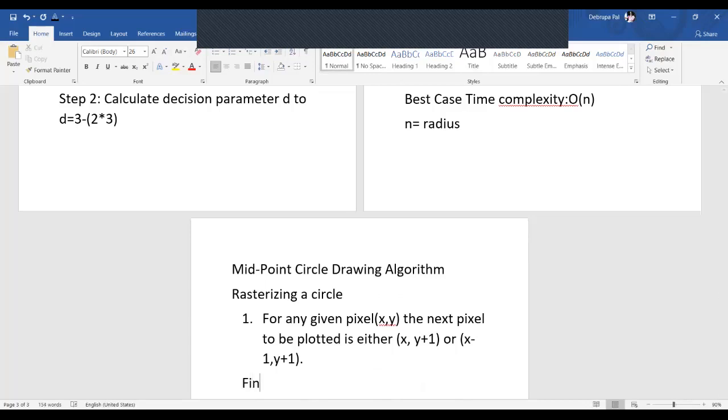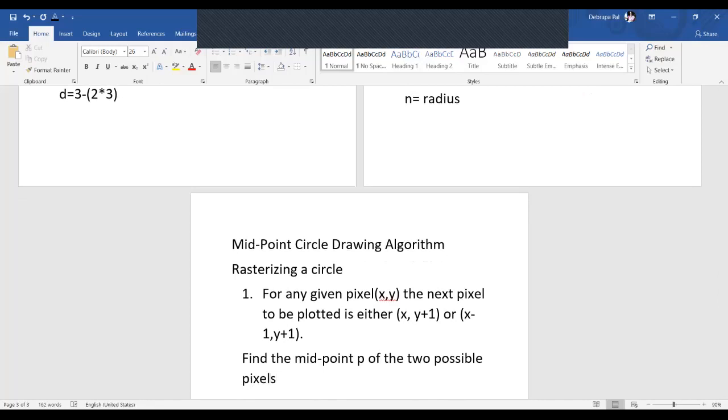Find the midpoint P of the two possible pixels, that is x minus 0.5 comma y plus 1. This is the first point.